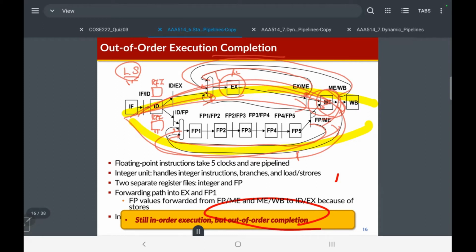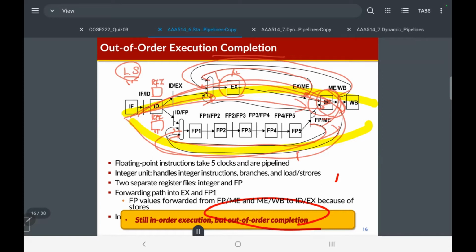In this example, we assume that the floating point unit takes 5 cycles. In the simple 5-stage pipeline architecture, the instruction is completed in order, and it's very good because you don't need to consider the order of completion of instructions. But it's not true for this pipeline architecture. Because of the floating point unit, the completion is not in order.